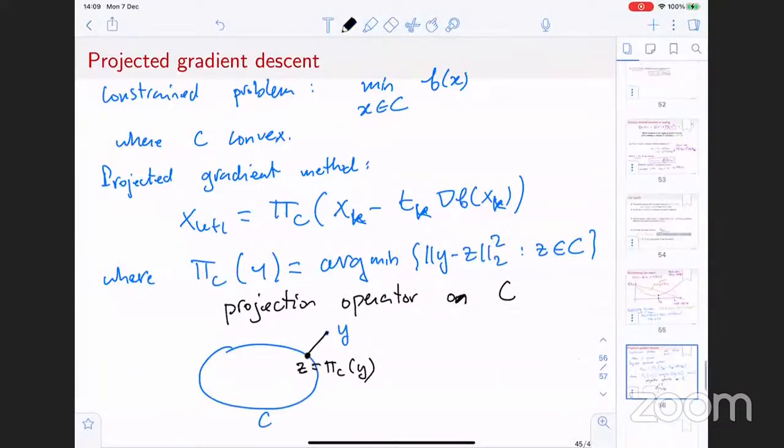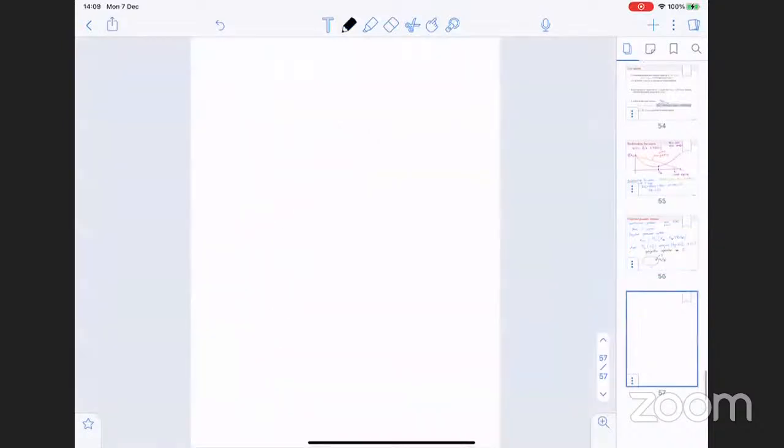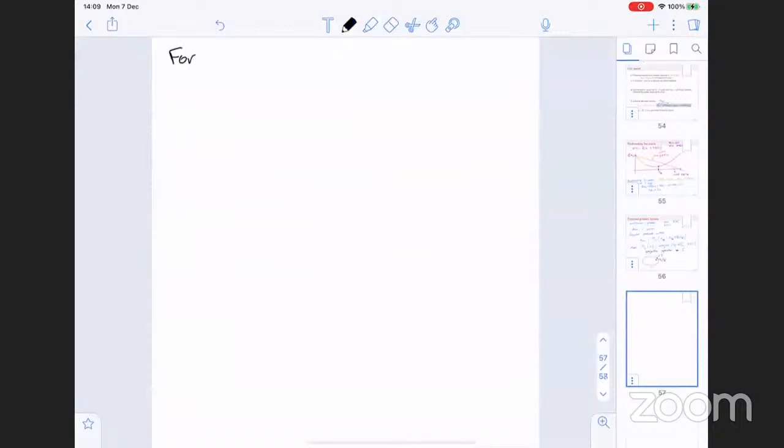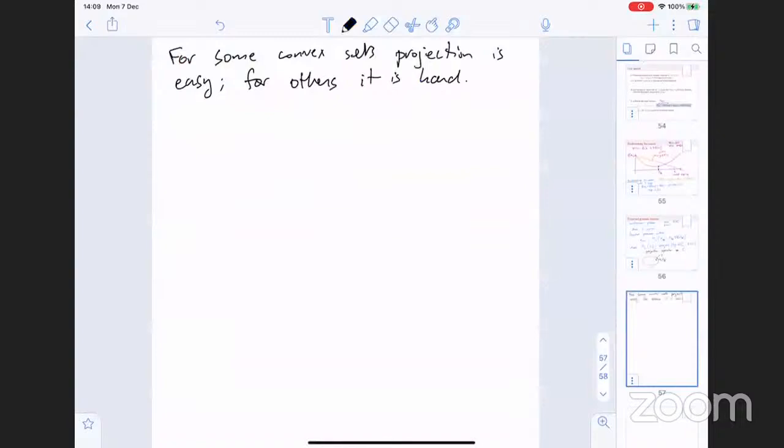So for some convex sets, projection is easy, and for others it is hard. It is just another convex optimization problem that you have to solve, for which we do not have a closed form solution.